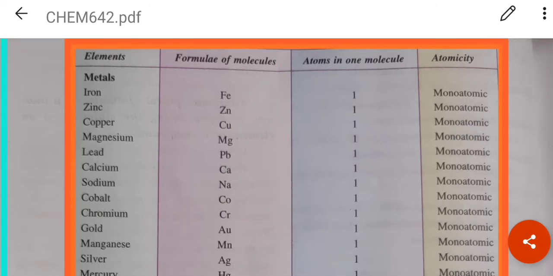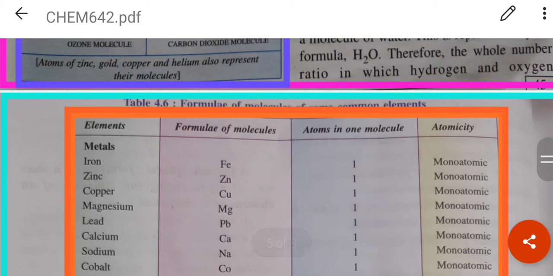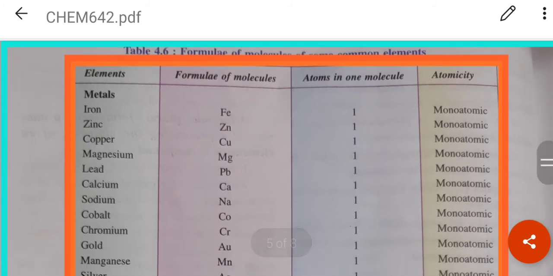In this chart, you can see formulae of molecules of some common elements which you are going to learn. For iron, the formula is Fe. Rather, we can also call it a symbol. Zinc, Zn, copper, Cu.